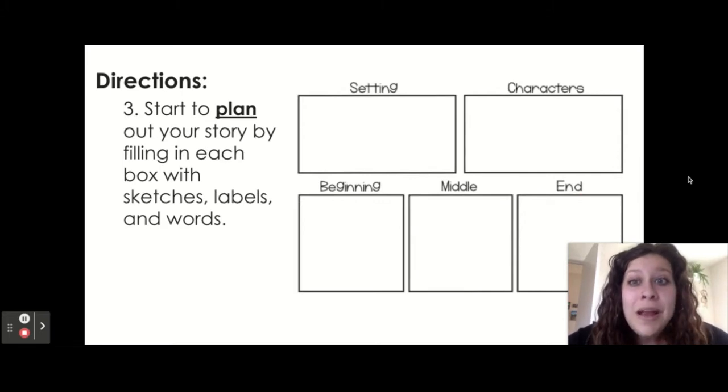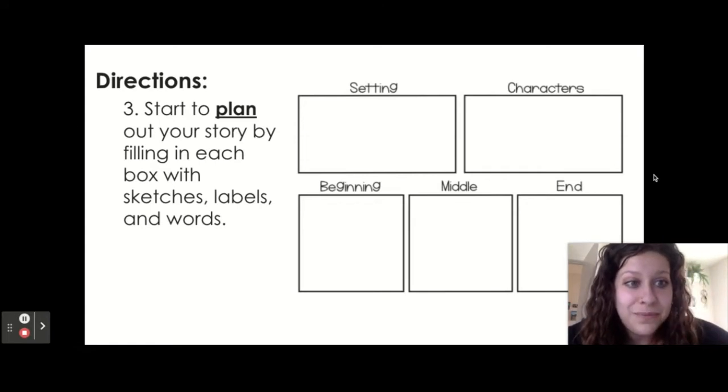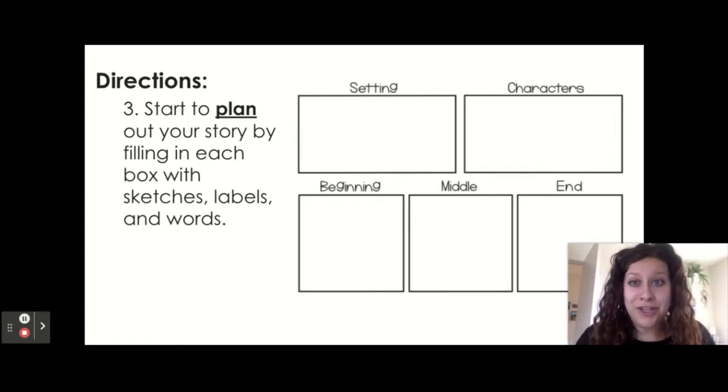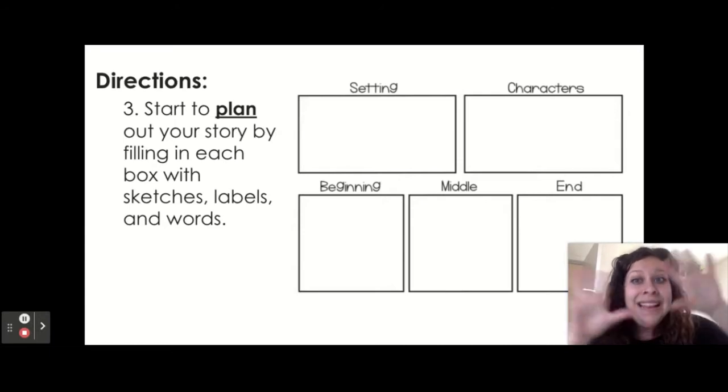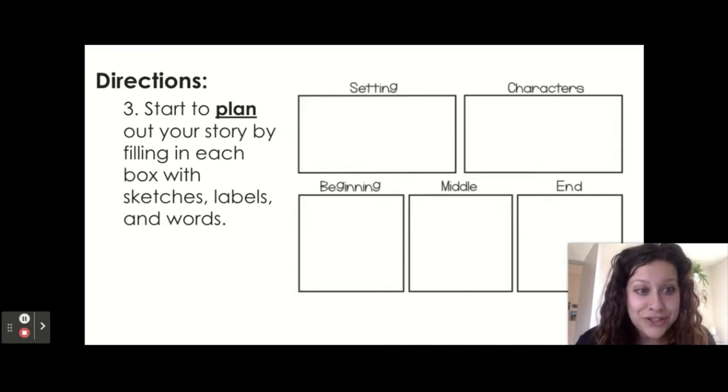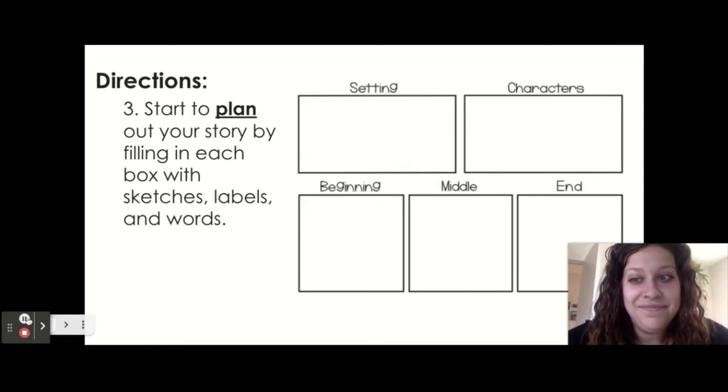Then we are going to plan out our story by drawing pictures and including labels and words for what is going to happen in the story. First, you are going to watch Miss Allie as I plan out my new fiction story. Then you're going to get a chance to plan yours.